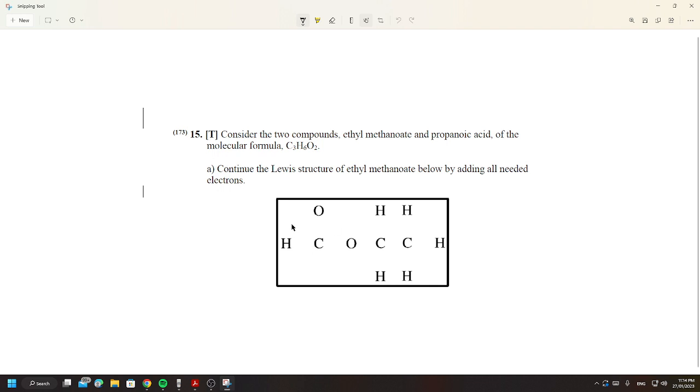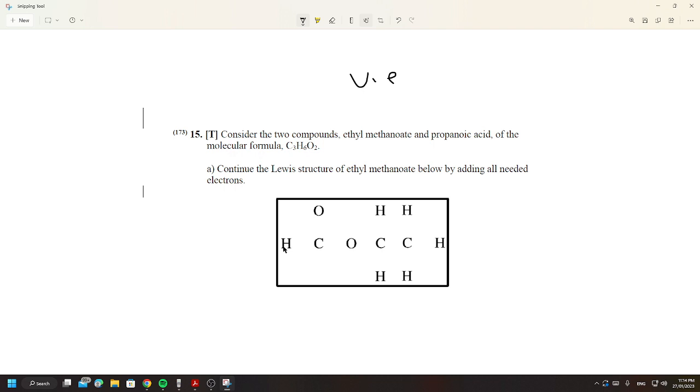So let's calculate the total number of valence electrons. So 1 plus 6 plus 4 plus 6 plus 4 plus 4 plus 1 plus 1 plus 1 plus 1 plus 1. So 6 H, and then 3 carbons and 2 O's.